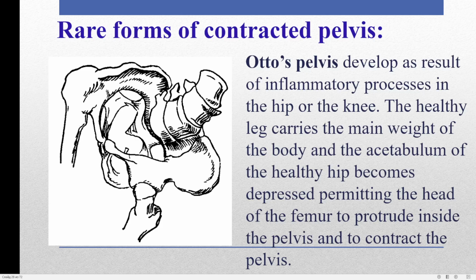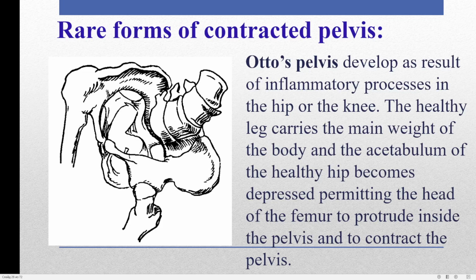Now I show rare forms of contracted pelvis. For example, the coxalgic pelvis. It develops as a result of inflammatory processes in the hip or the knee. The healthy leg carries the main weight of the body, and the acetabulum of the healthy hip becomes depressed, permitting the head of the femur to protrude inside the pelvis and to contract the pelvis.